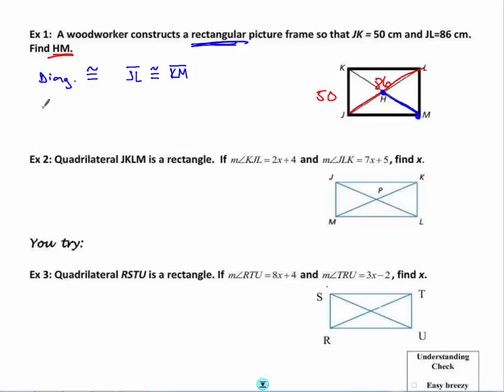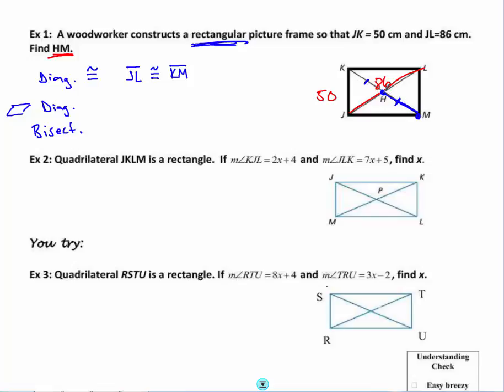Well, a property of parallelograms, which all rectangles are, tells us that diagonals bisect each other, right? And because that's true, we know that this distance, HM, is the same as this distance, KH, right?